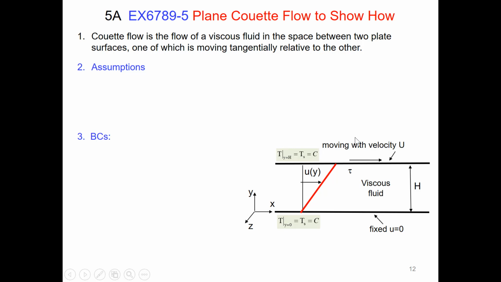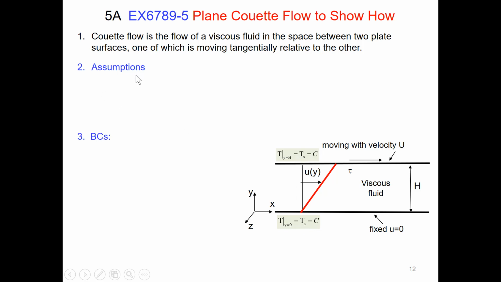This is Couette flow, which is the flow of a viscous fluid in the space between two plate surfaces. One is fixed, the other is moving with velocity u. The two plates are separated by a distance h, and both have the constant surface temperature Ts.